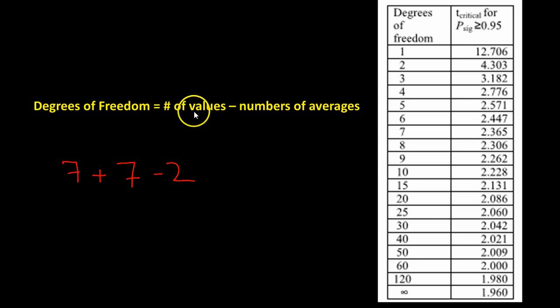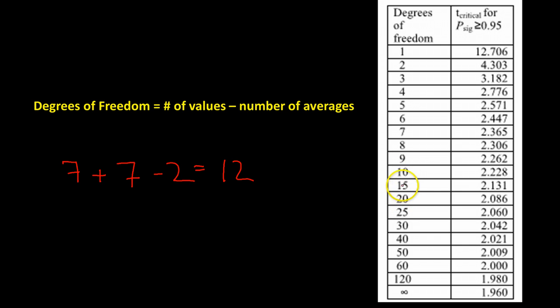So your total number of values minus your total number of averages gives you degrees of freedom of 12, okay.